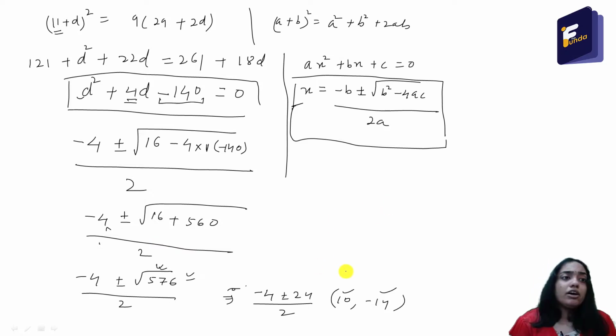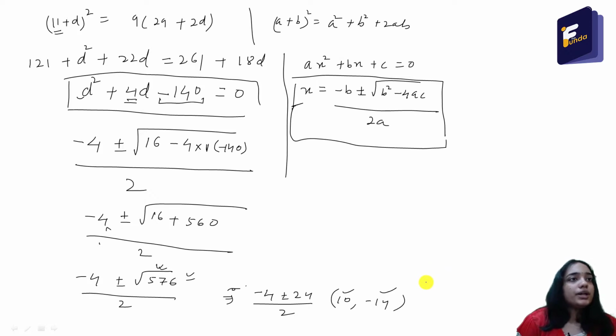So now we have got two values of the common difference, that is d. It is 10 and minus 14. Obviously, as we had discussed in the previous question, both the values will not be acceptable. In other questions it may be acceptable in some other case, but here it will not be acceptable.